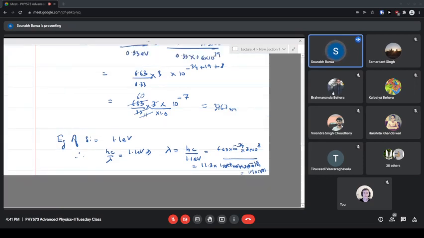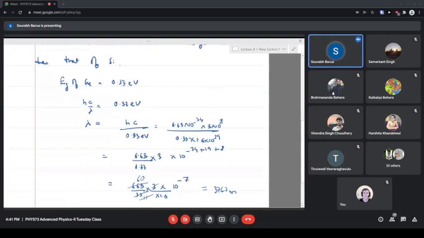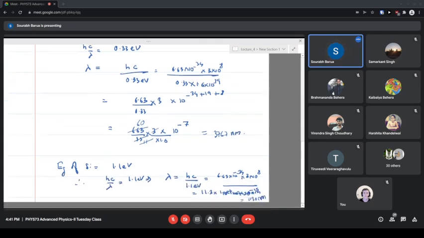But basically it detects photons near this wavelength. Similarly for germanium, if you use 0.33 as the value of the band gap, you get 3700 nanometers as your wavelength. So it can detect wavelengths which are smaller than this.